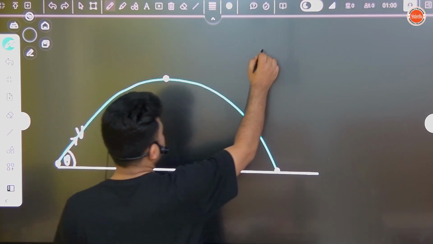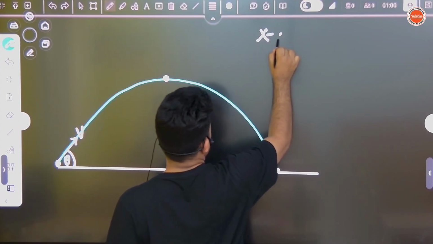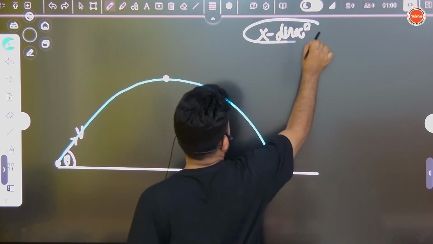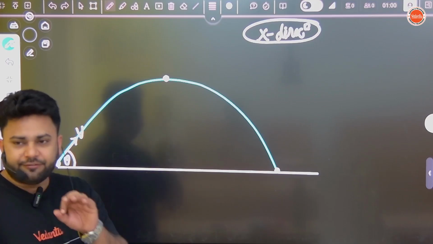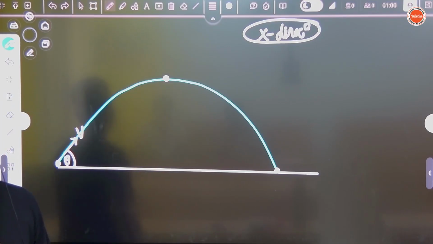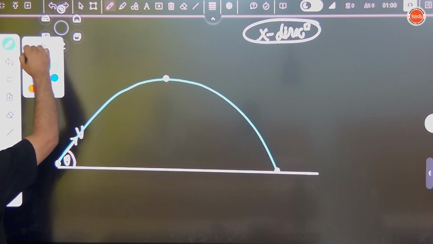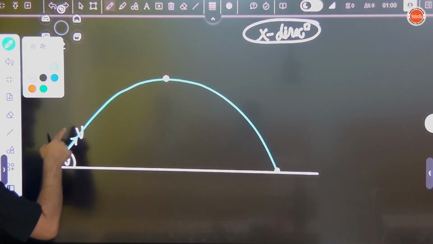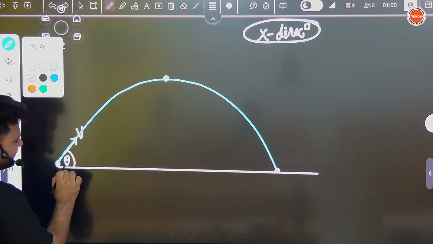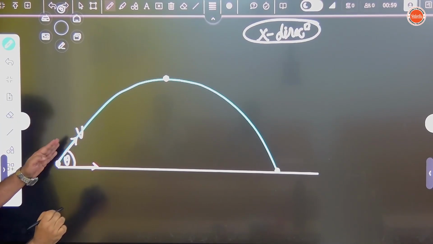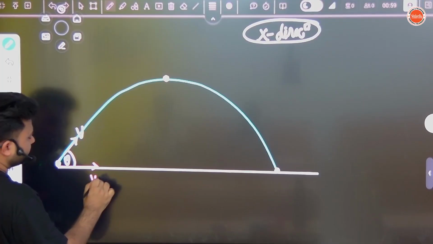Along the x direction, we have three major formulas: v equals u plus at, s equals ut plus half at square, and v square minus u square equals 2as. We projected the ball with V. What is its speed in the x direction? V is the velocity and this is theta, so V cos theta.